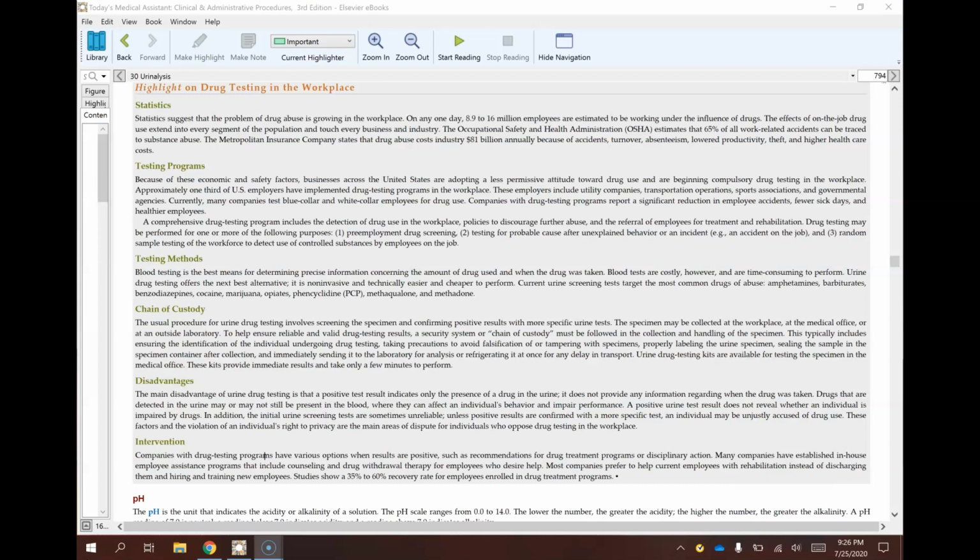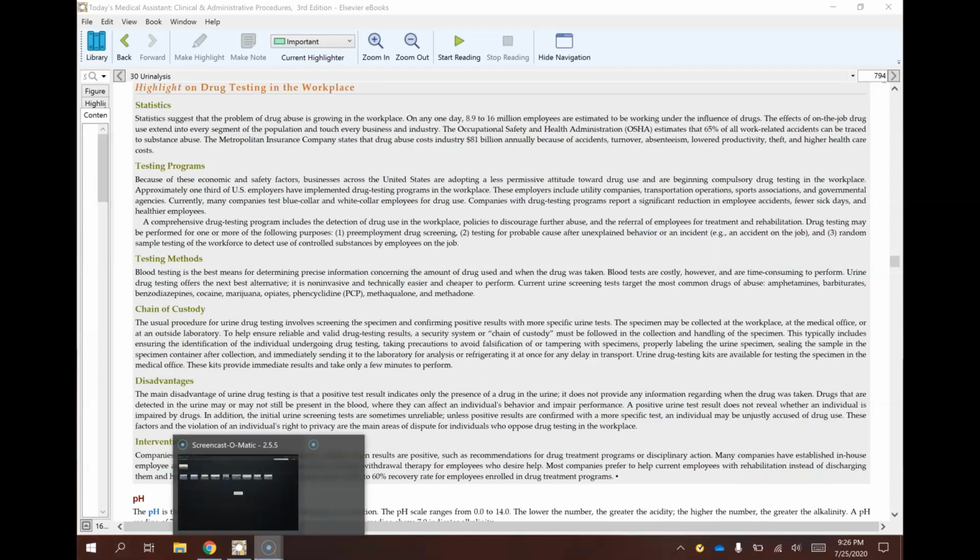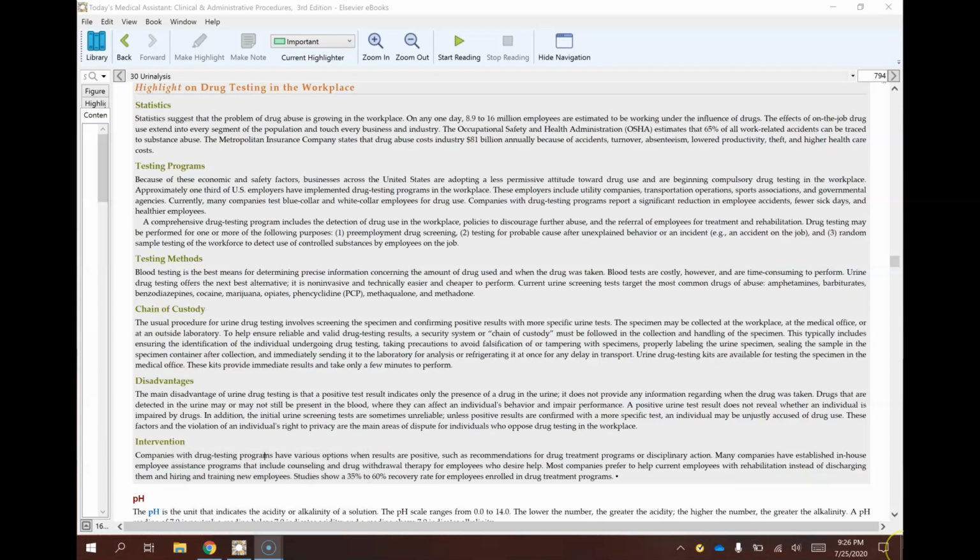So there are some disadvantages of urine drug testing in that you can have a positive test result, that there is a drug in the urine, but it really doesn't give details as to when that drug was taken, and that can be problematic.